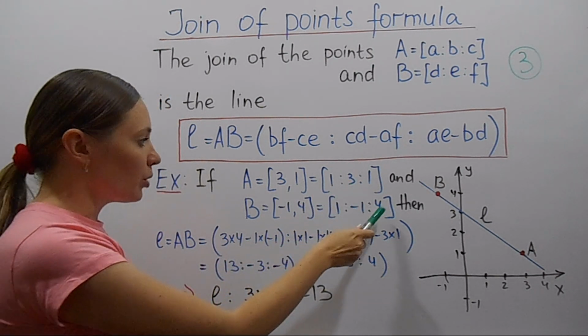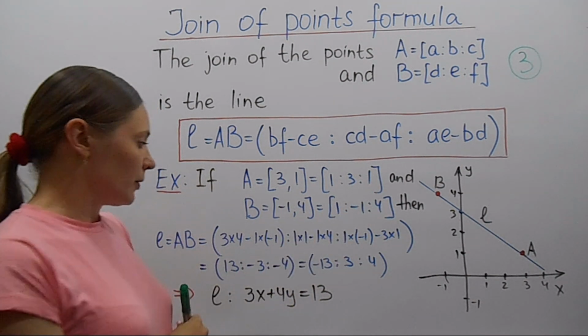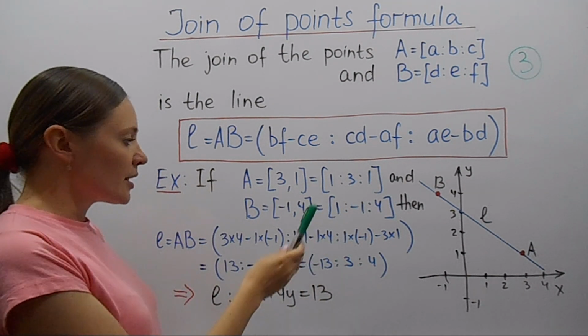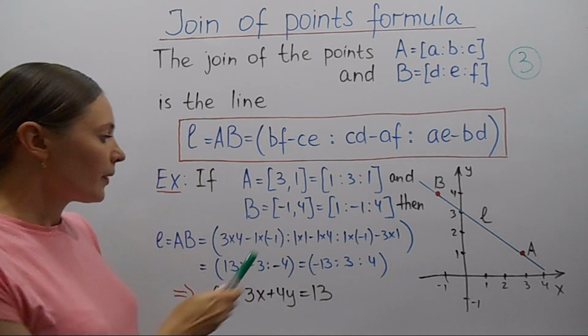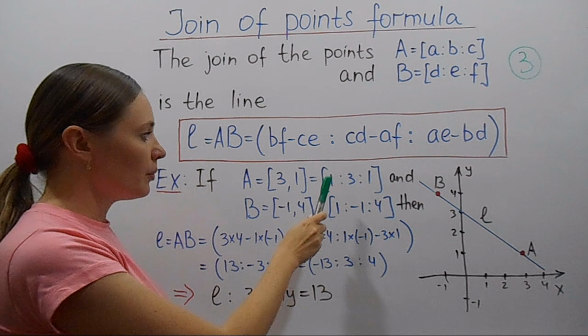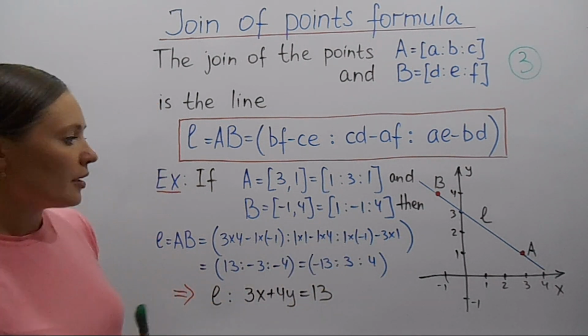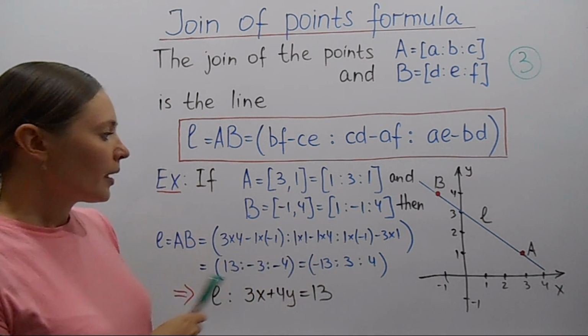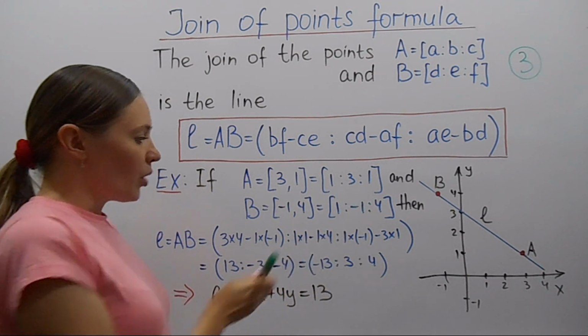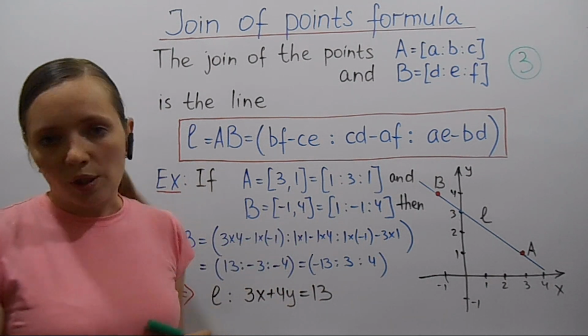So 3 times 4 minus 1 times -1. The second entry is obtained by looking at the first and third entries here. It's 1 times 1 minus 1 times 4. And the third entry is obtained by looking at the first 2 entries here. It's 1 times -1 minus 3 times 1.